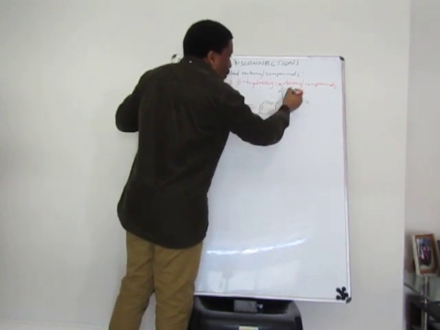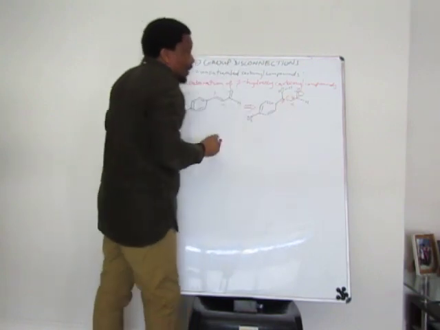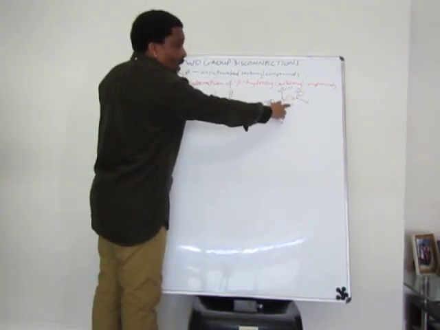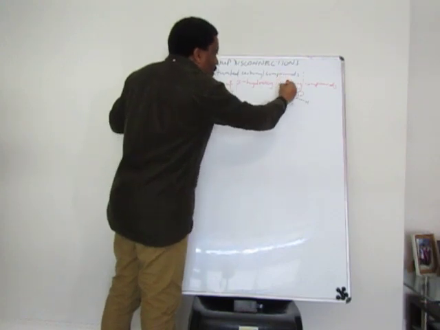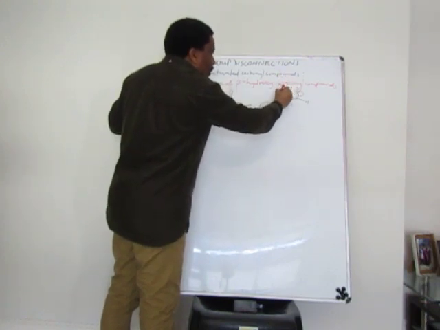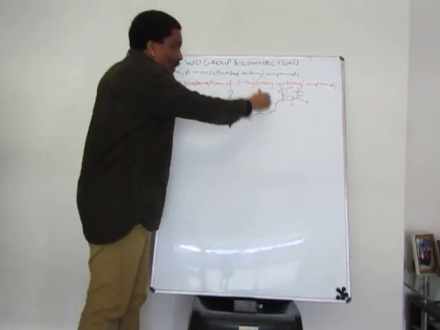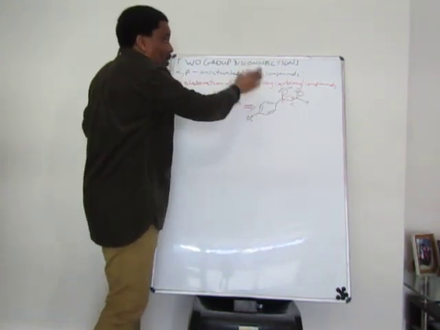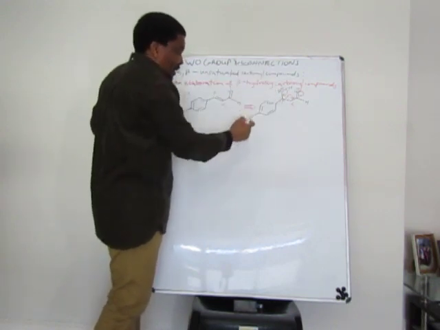Once that happens, this one comes in here, then it breaks between your alpha and your beta position. Then there will be a positive charge here, then that hydrogen. So that's how you carry out your imaginary breaking down of your beta hydroxy system.